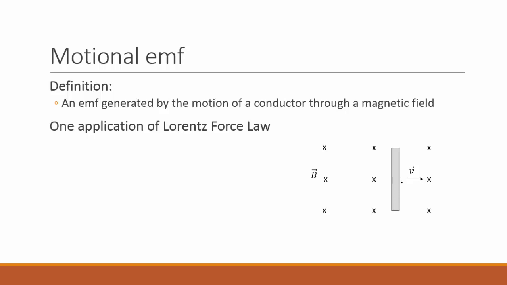There are both electrons and protons inside this neutral conductor, and we're moving through a magnetic field. So if I look at, say, an electron inside of that conductor, it's going to have a magnetic force on it. So I'll do a free body diagram showing the direction of the forces on that particle.